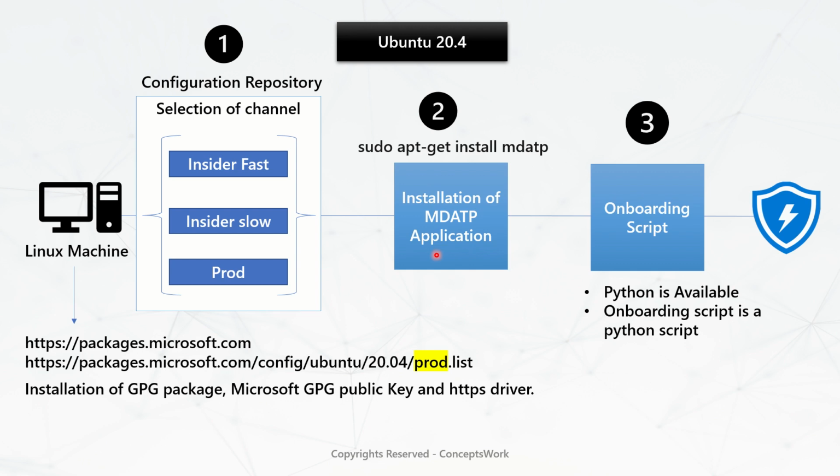And then lastly, I'm just going to run the onboarding script to make sure the machine gets onboarded. Now, the onboarding script requires Python on that particular machine, because the onboarding script itself that you will be downloading from the portal is a Python script. Okay. So this is the 3-stage end-to-end process that you need to follow to make sure your machine gets onboarded to MDE.